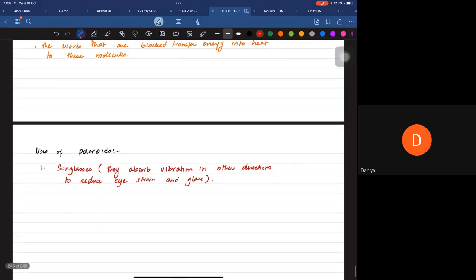Also, good cameras use these to take photos with less glare. You see why the iPhone camera is so good even though it has fewer megapixels than so many Androids we have?